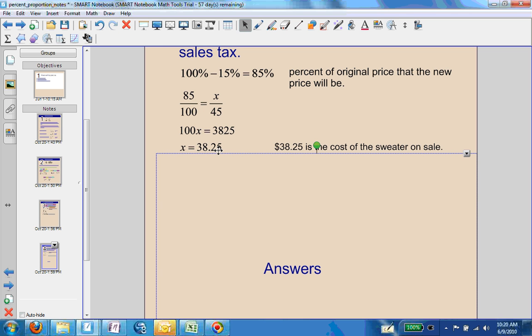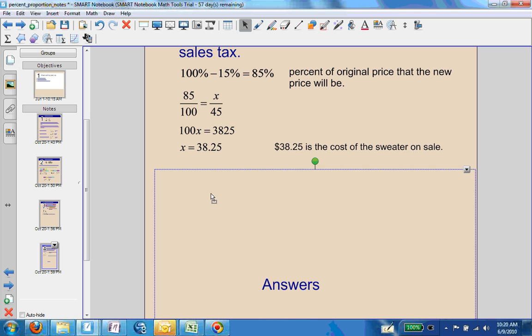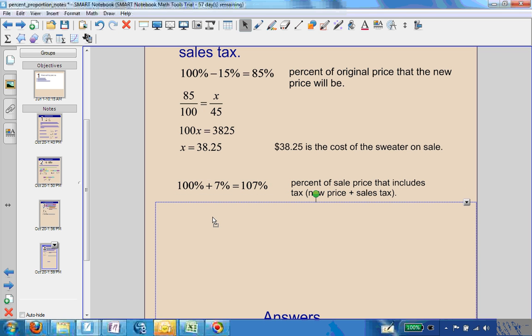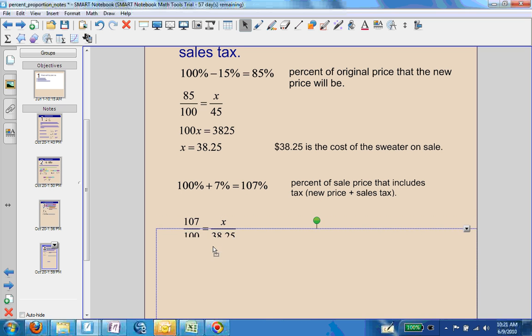Now we're going to have to add 7% sales tax to that. So we're actually going to be paying 100% of this plus another 7% sales tax. So we're going to pay 107% of $38.25. So we're going to set up the proportion as 107, that's our percent, over 100 equals X over 38.25.